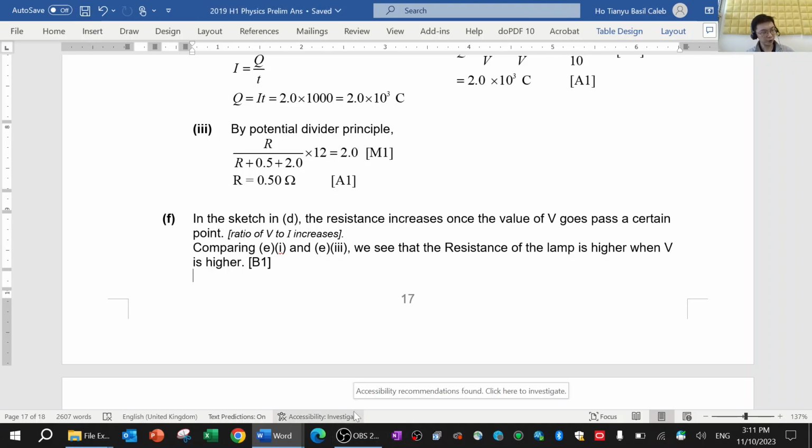In E part 3, we see that when the potential difference is low, the resistance is low. So very consistent, and that's the answer. Essentially, you see how long I took to explain question 7 is a lot shorter compared to question 6. Definitely an interesting paper.